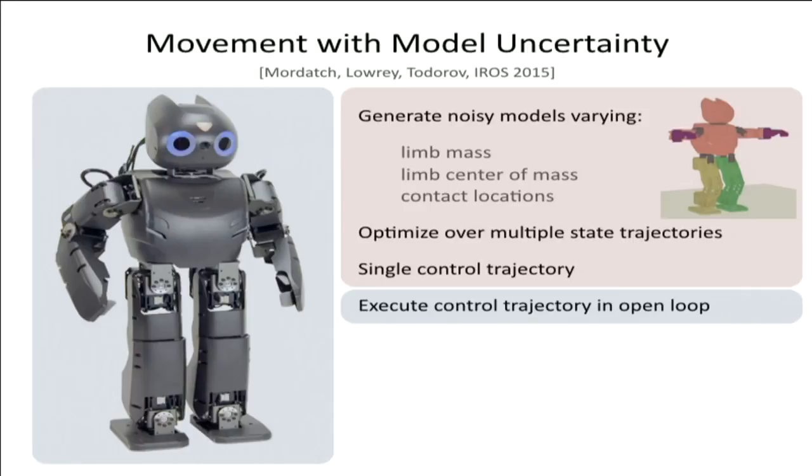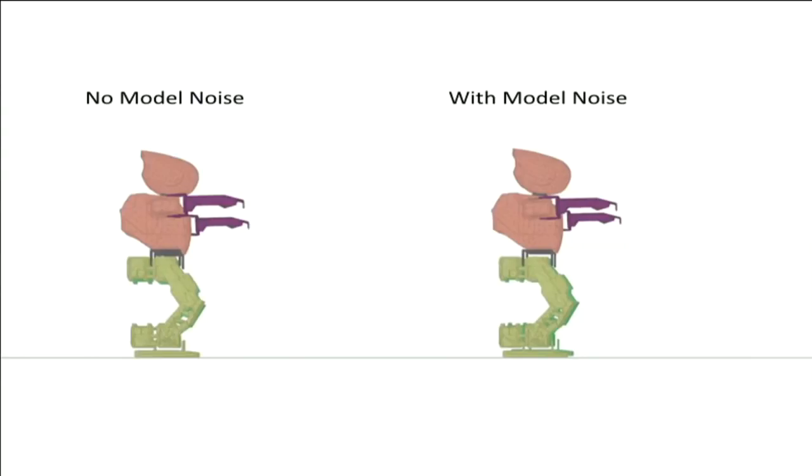And you optimize over multiple state trajectories over all of these different models. But then you make sure that they share a single trajectory of controls. You can put that as an explicit constraint over all of the different noisy models. And then it's the sequence of controls that you end up executing, which we just executed in open loop on the robot.